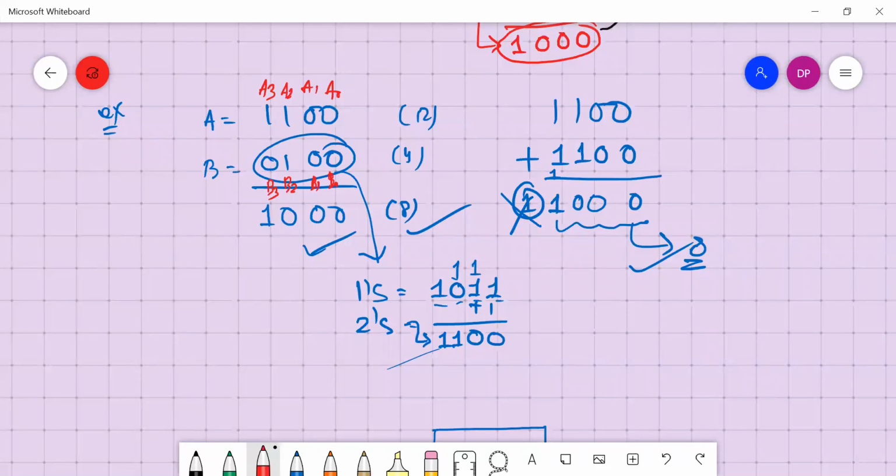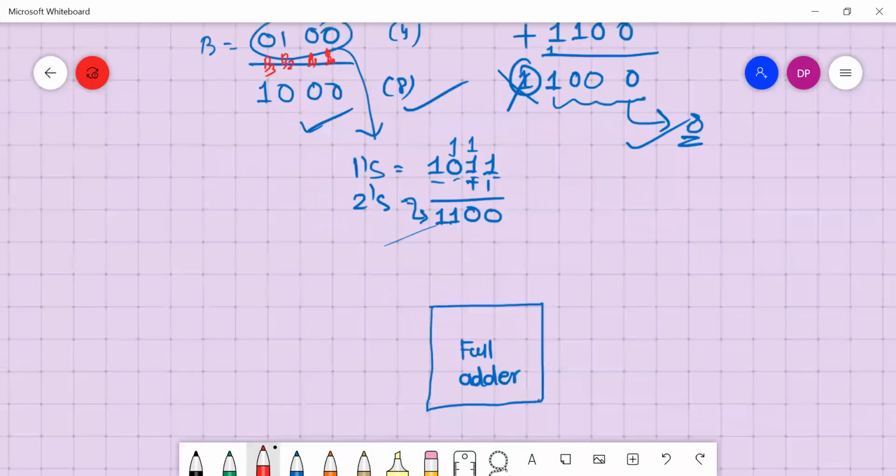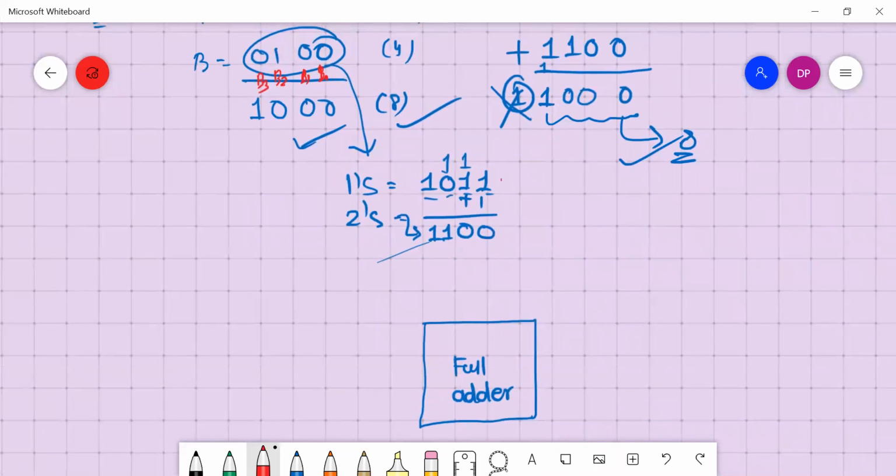So what I will do here, in order to get 1's complement, we are inverting B0, B1, B2, B3, isn't it? So I take a full adder. A full adder is used to add two numbers considering the previous carry into account. Okay. So one input I give A0.